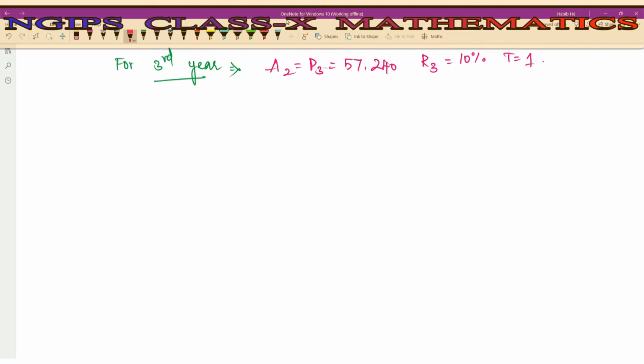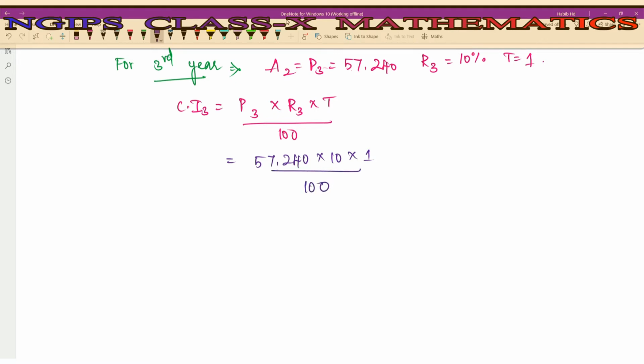Now compound interest for third year is equal to third year principal into rate of interest into time divided by 100. Here we have principal is equal to 57,240 into rate it is 10% into time period it is 1 divided by 100.